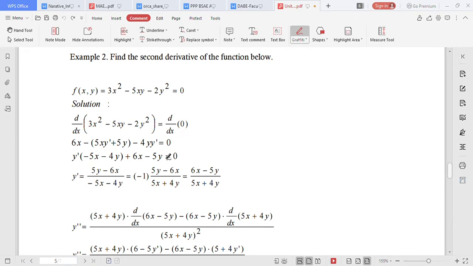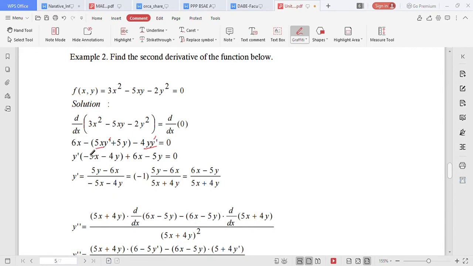Here, we are going to factor out or combine like variables. So we combine the terms which have y prime. And so we have y prime multiplied by negative 5x minus 4y, and then plus 6y minus 5y.